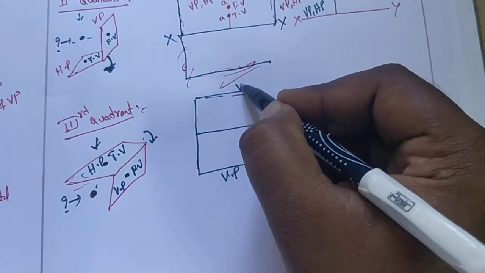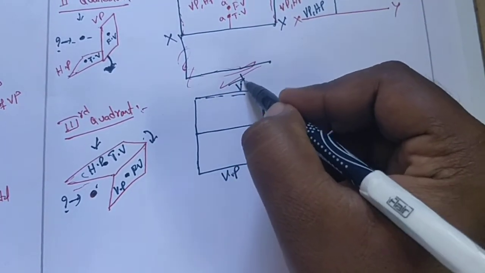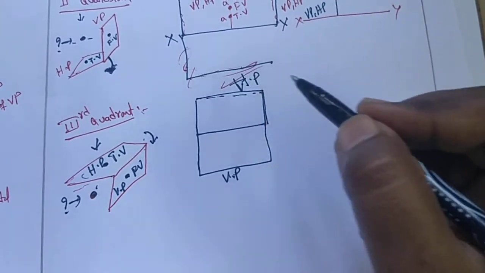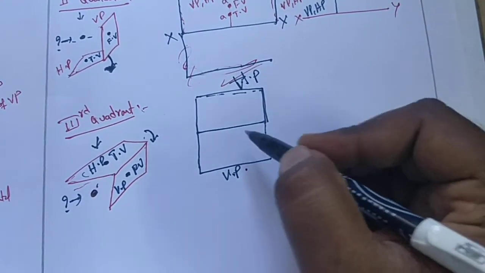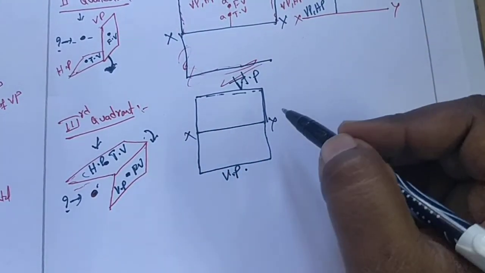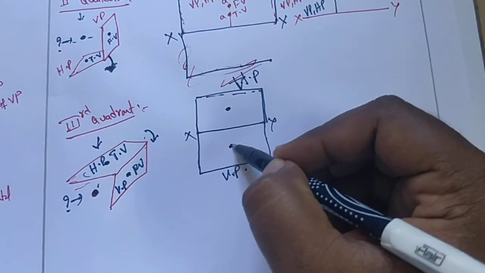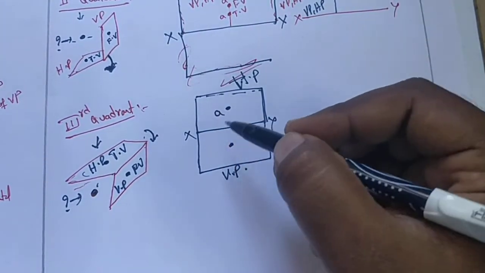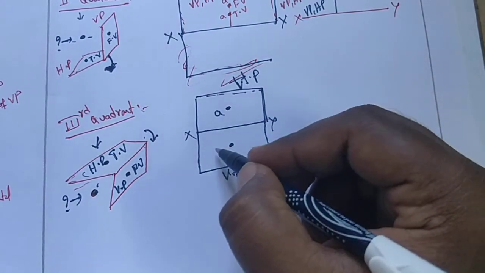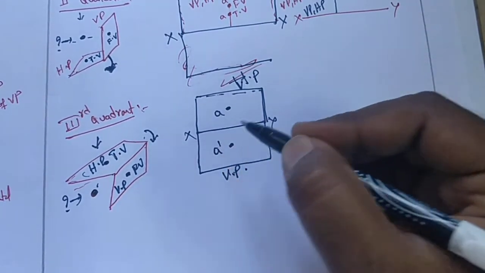This one is known as the horizontal plane, this one is the vertical plane, and this one is the reference line. The top view is denoted by A, the front view is denoted by A dash.